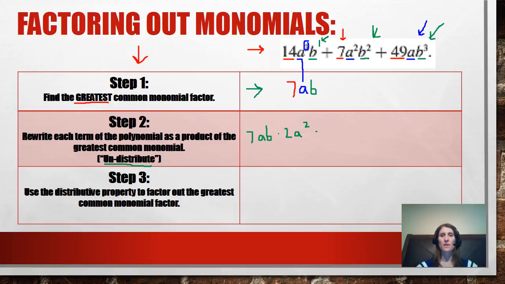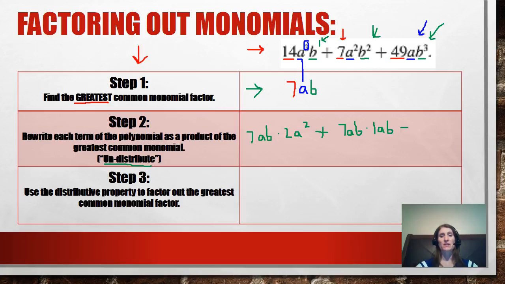Okay? Then I'm going to write my plus sign, and I'm going to write 7ab again. So 7ab, because remember, I'm taking it out of every single term. And so if I take out a 7, 7 divided by 7, I'm left with 1. And if you want to write a 1 there, that's okay. If I take out an a from a squared, I'm left with still an a. And if I take out a b from b squared, I'm left with a b. So I'm really left with just ab. Okay?